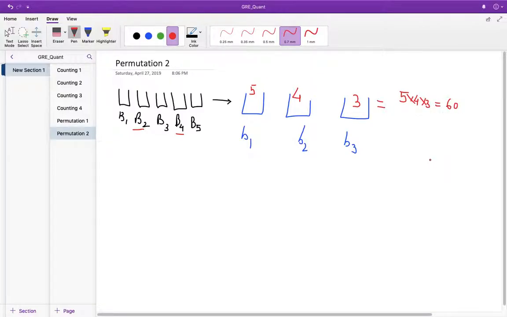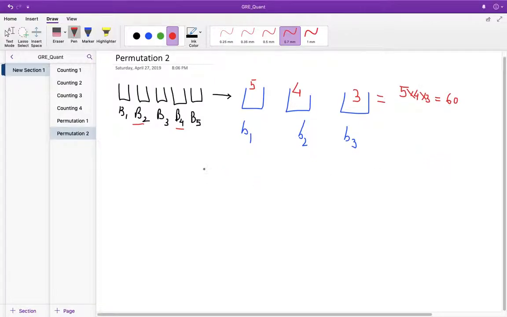Now the question to us would be, how do we generalize? So let's imagine instead of 5 there were n books and instead of 3 there were k buckets. So in how many ways can you select k elements out of n and permute them? You can imagine that there are k buckets, and so how many ways would you arrange the n elements in k buckets, considering one bucket contains one element?